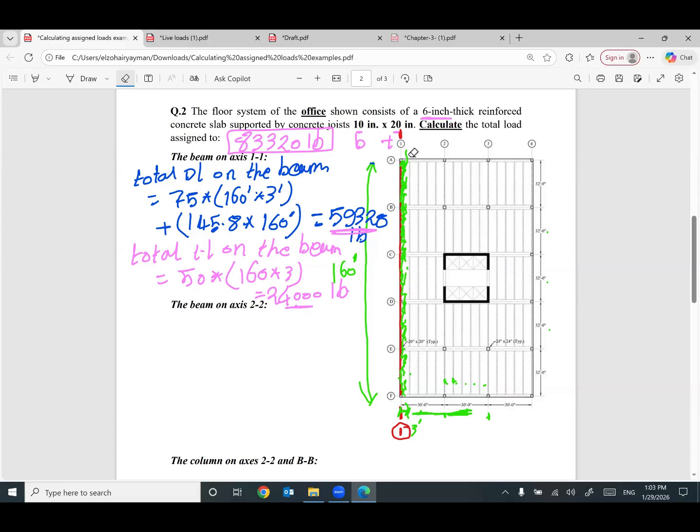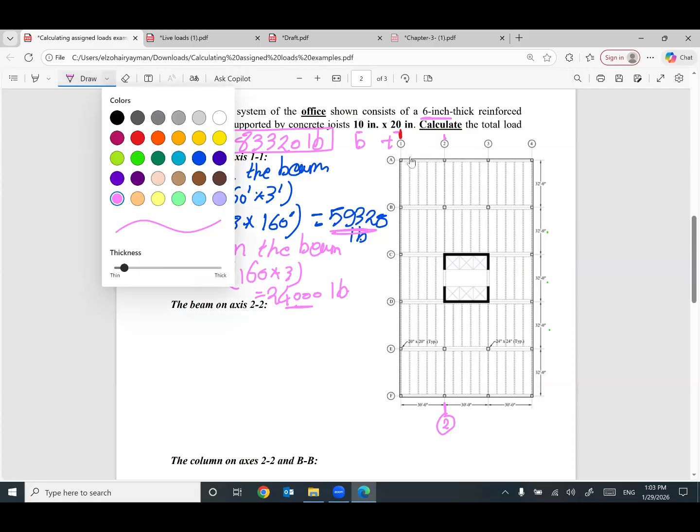This is for the beam on axis 1, 1. We have another beam, which is on axis 2, 2. Where is axis 2, 2? The axis 2, 2 is this one. So we are talking about this beam.